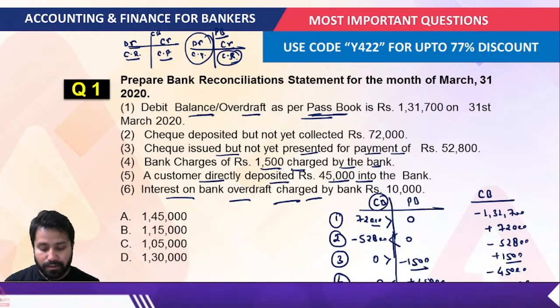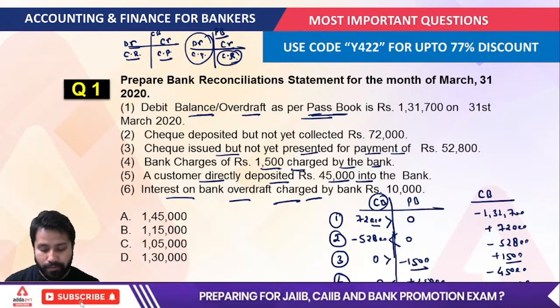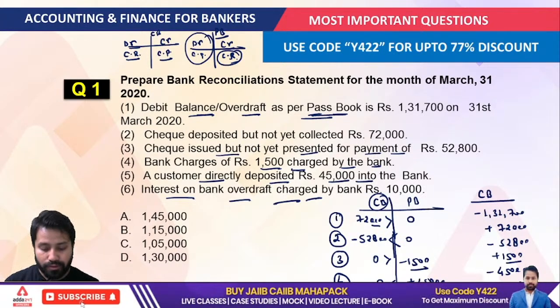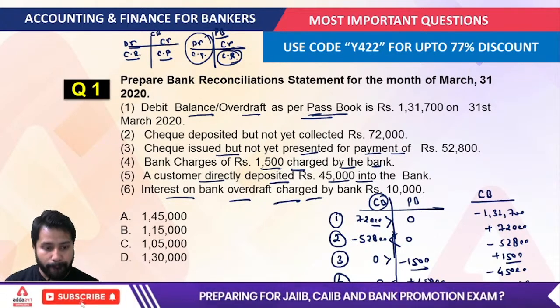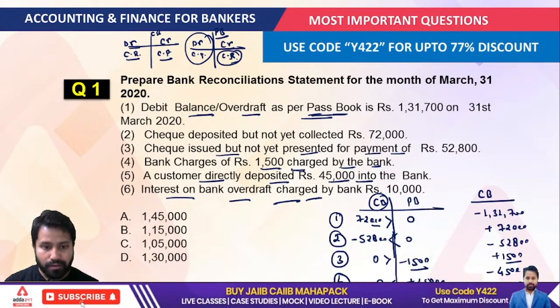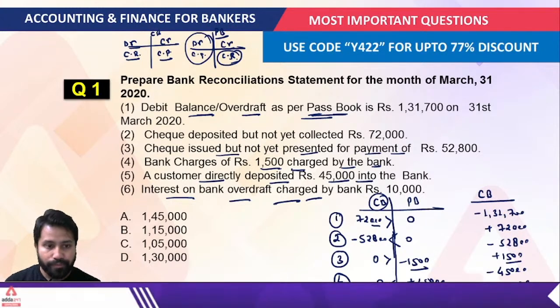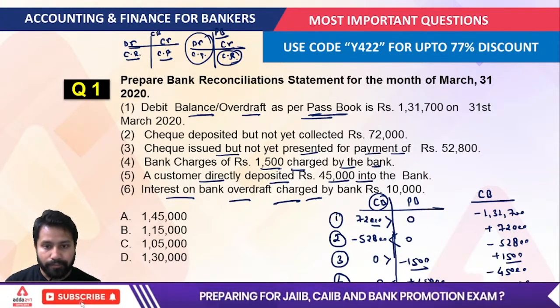Minus 1 lakh 31,700 plus 72,000 minus 52,800 plus 1,500 minus 45,000 plus 10,000. Okay, so what are you getting?